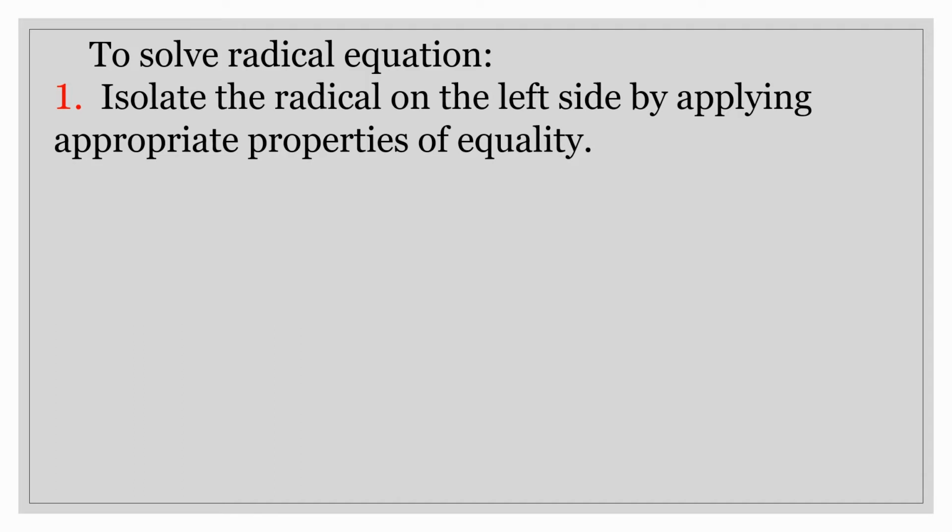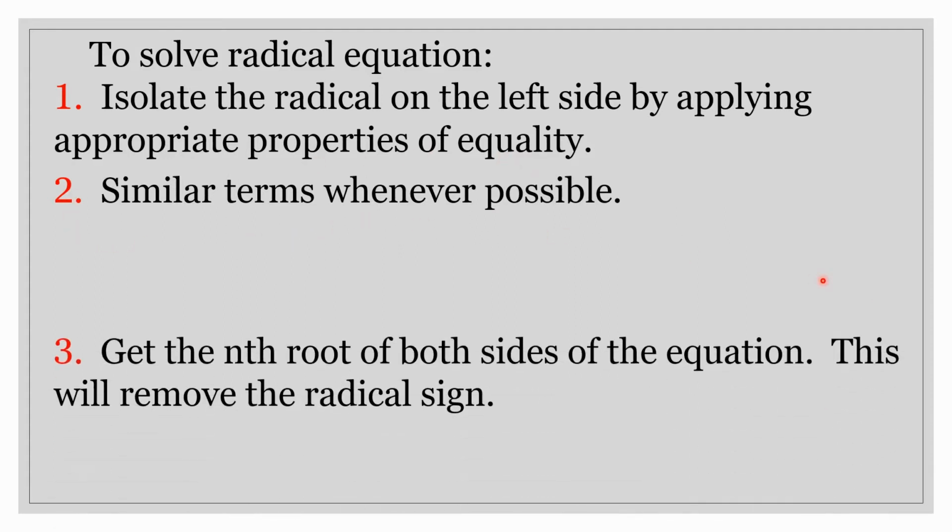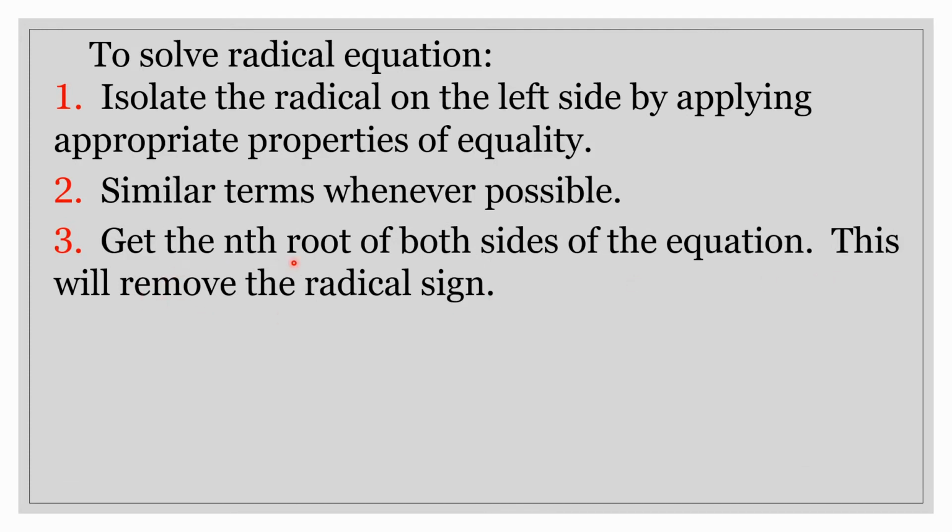Okay, so we have the steps on how to solve radical equations. First, isolate the radical on the left side by applying appropriate properties of equality. Number 2, combine similar terms whenever possible. Third, get the nth root of both sides of the equation.